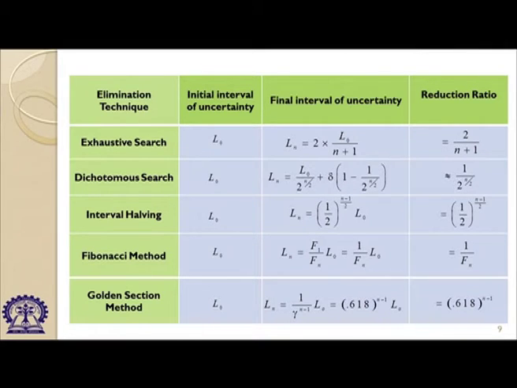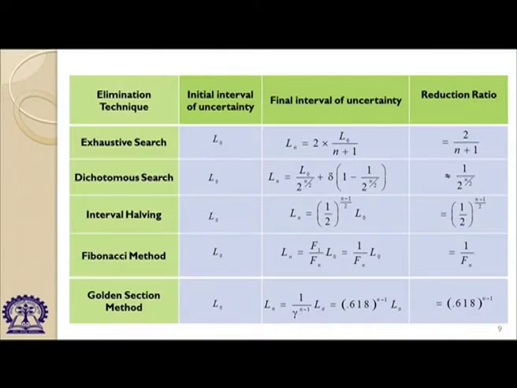That is why the reduction ratio is ln by L0, where ln is the length of the nth interval of uncertainty and L0 is the length of the initial interval of uncertainty. Reduction ratio means, after reaching the nth experiment, the ratio of ln by L0 with respect to the initial. That is 1 by Fn.